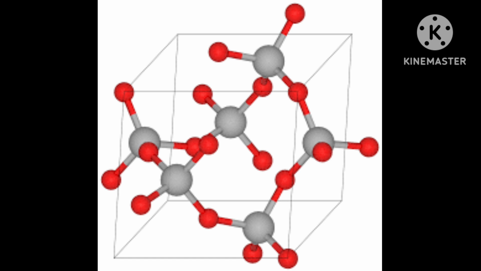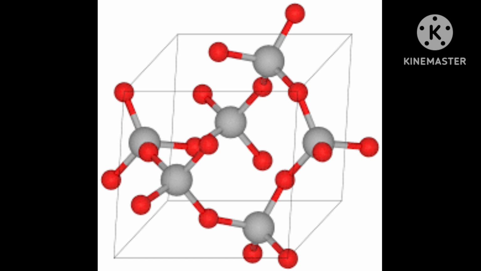When you are studying this chapter, you have to use a lot of imagination, because all the structures are difficult to draw. By seeing the diagram it is difficult to understand, because it is a three-dimensional structure.